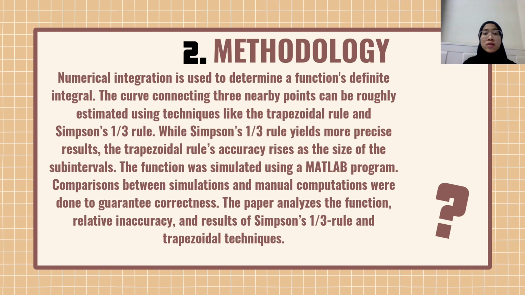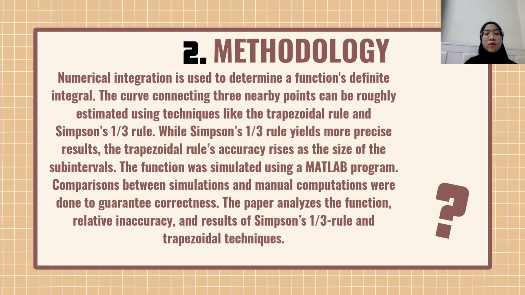Numerical integration is used to determine a function's definite integral. The curve connecting the three nearby points can be roughly estimated using techniques like the trapezoidal rule and Simpson's 1/3 rule, while Simpson's 1/3 rule yields more precise results. The trapezoidal rule's accuracy rises as the size of the subinterval decreases.